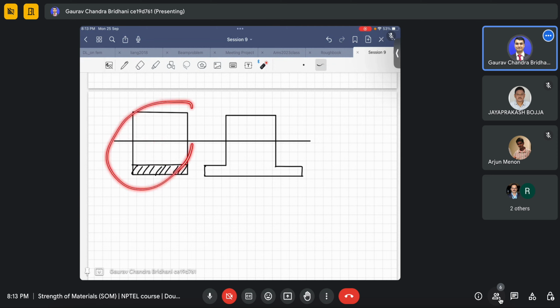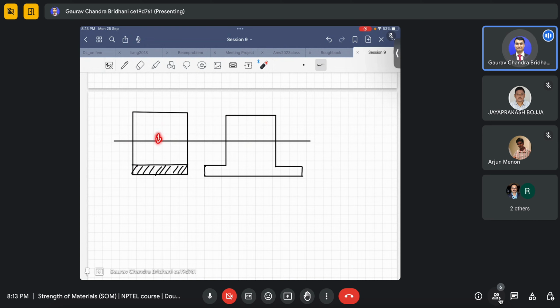If you don't have any concept of the transformed section, just forget it for one minute, you don't know what a transformed section is. Intuitively also you can tell that from its centroidal position the neutral axis will shift. In this case it will shift below, because you have added a different material below. Mostly below, because if I consider the other material to be stronger, it will shift below.